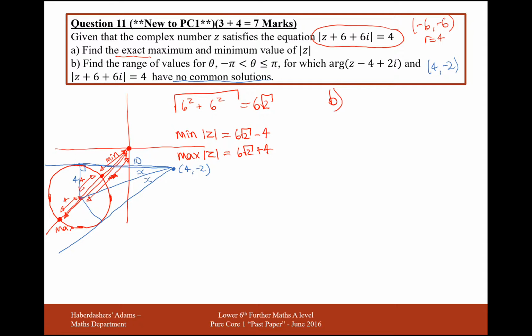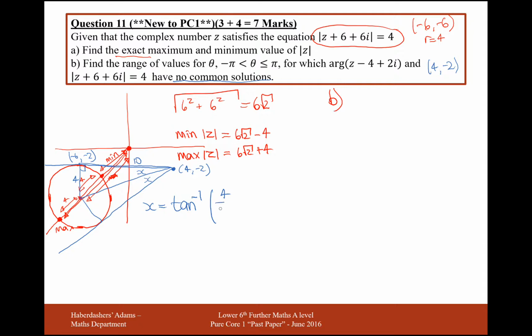Luckily, if I've got a centre of -6 here and I move up by 4, I've got a coordinate of -2. So this coordinate here is -6, -2. I've drawn a horizontal line here, and it is exactly horizontal, both y coordinates are -2. So what I've got here now is a right angle triangle, height of 4, base of 10. So I can use a tan angle to find x.